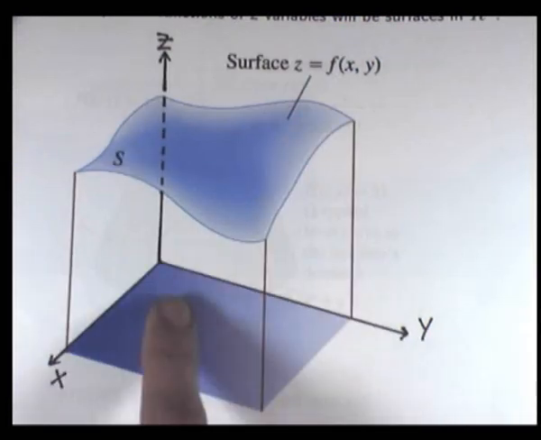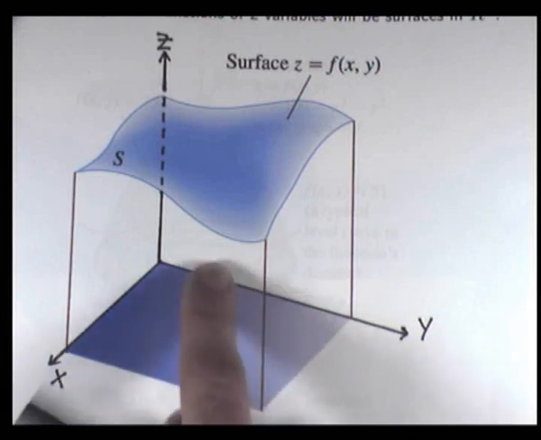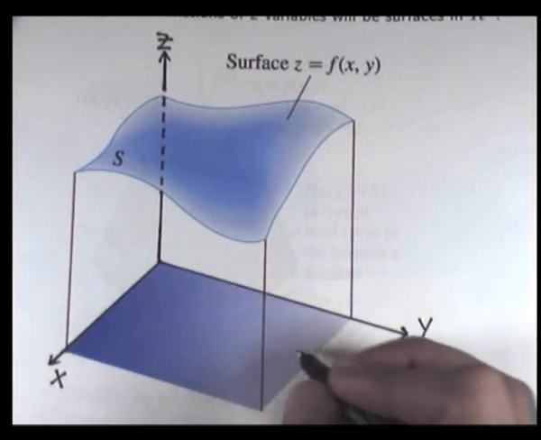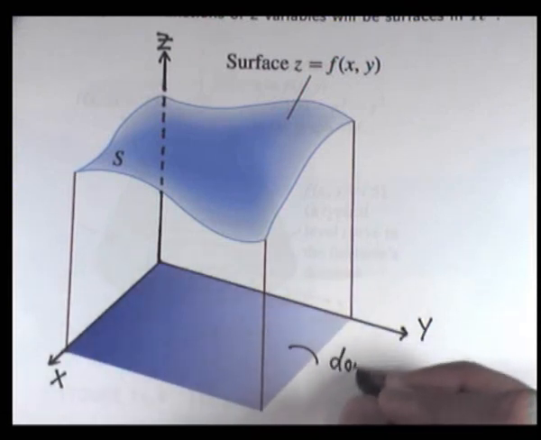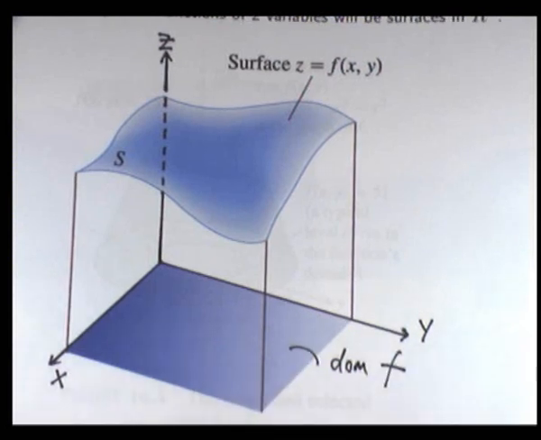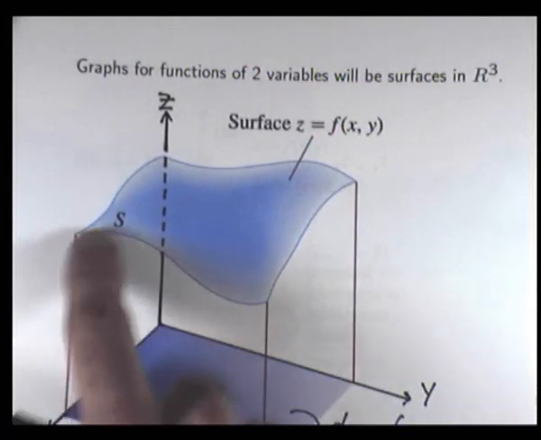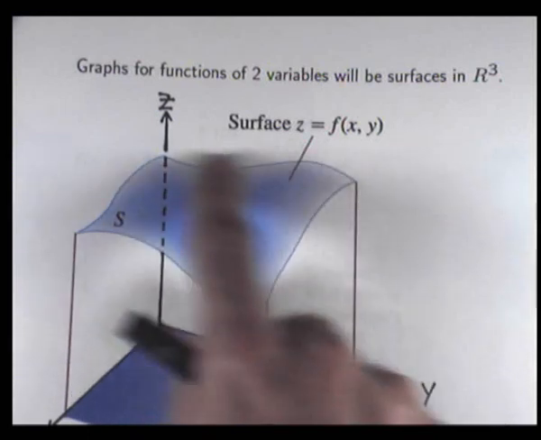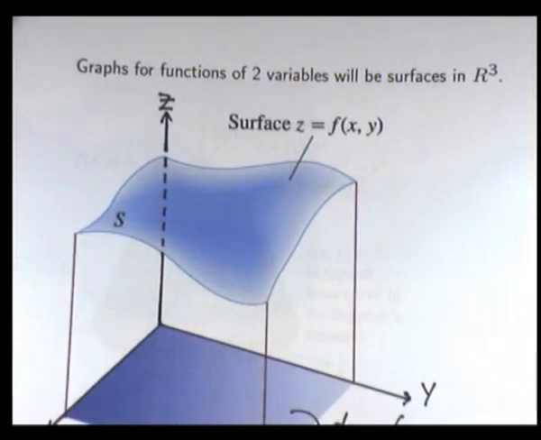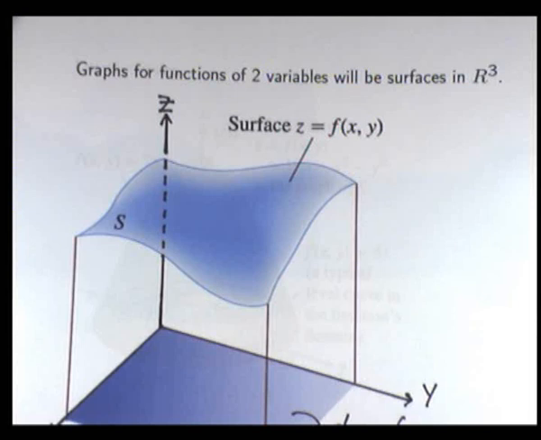This set down here can be thought of as the domain of f. It's a two-dimensional set. And lying above that set is a surface. A surface is a two-dimensional thing, but it's sitting in three-dimensional space.